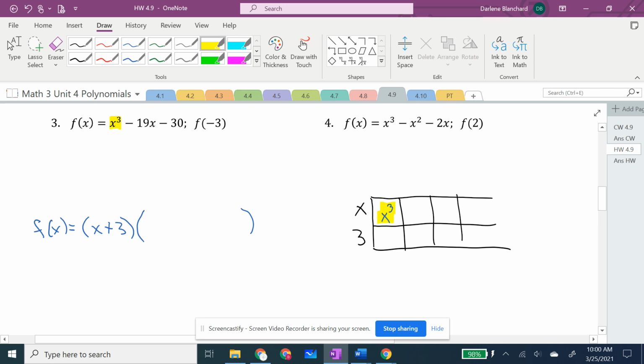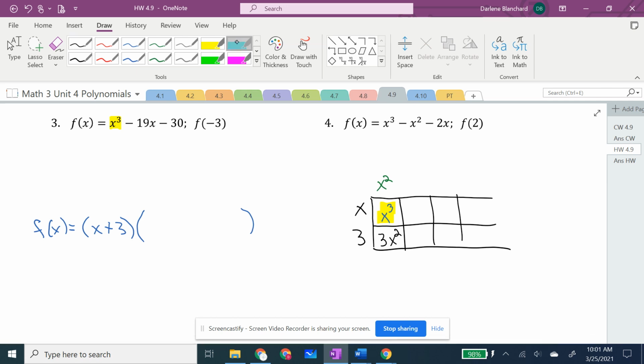The next thing I'm going to do is begin my division. I know that this is x cubed. X times what is x cubed? And that's x squared. Now, at this point, I can do x squared times 3 and figure out what goes in this box.